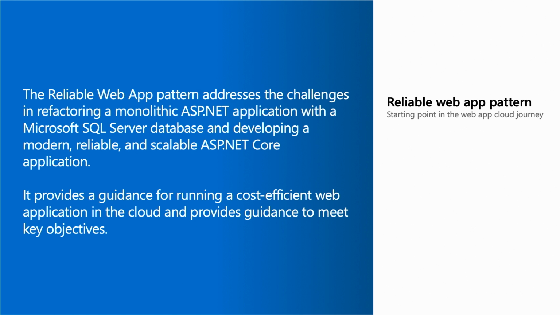And with this pattern, we're going to provide guidance for running a cost-efficient web application in the cloud, and also guidance to meet key objectives that our business partners have set for us. So in essence, the reliable web app pattern is the starting point in the cloud journey.